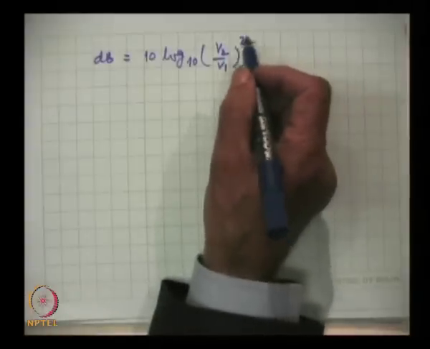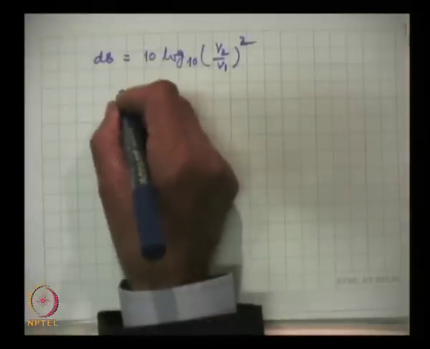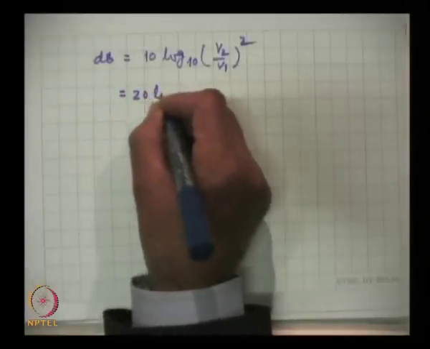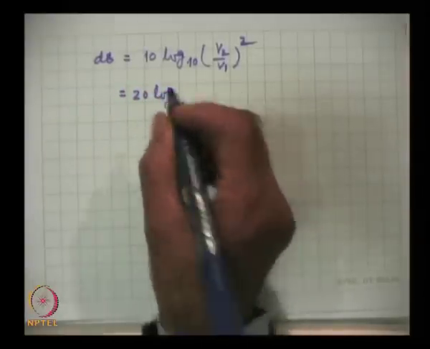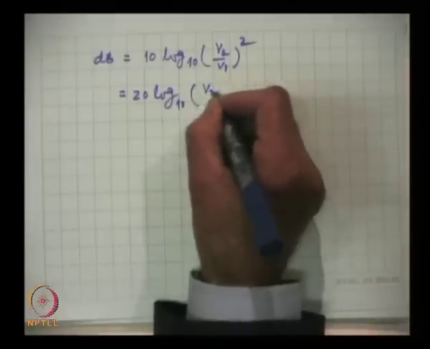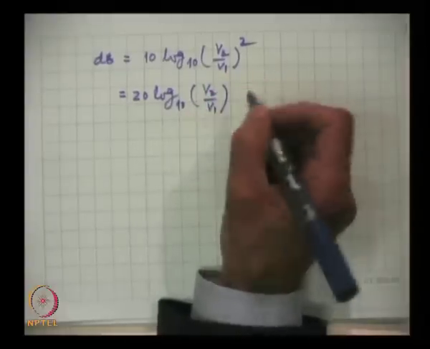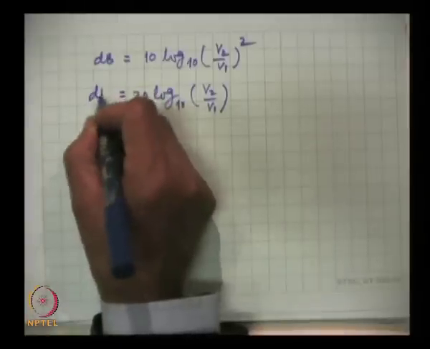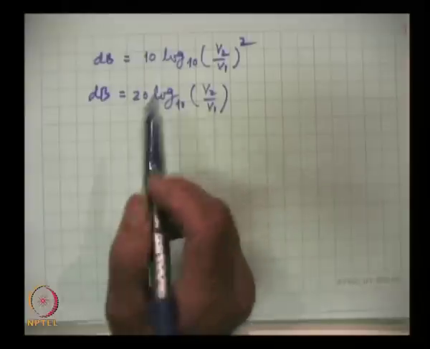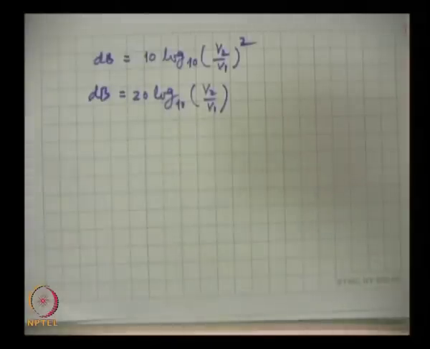If we take this square this side, this becomes 20 log base 10 V2 by V1. So, in terms of power and voltages, there is a difference. There it is 10 log, here it is 20 log in terms of voltages.